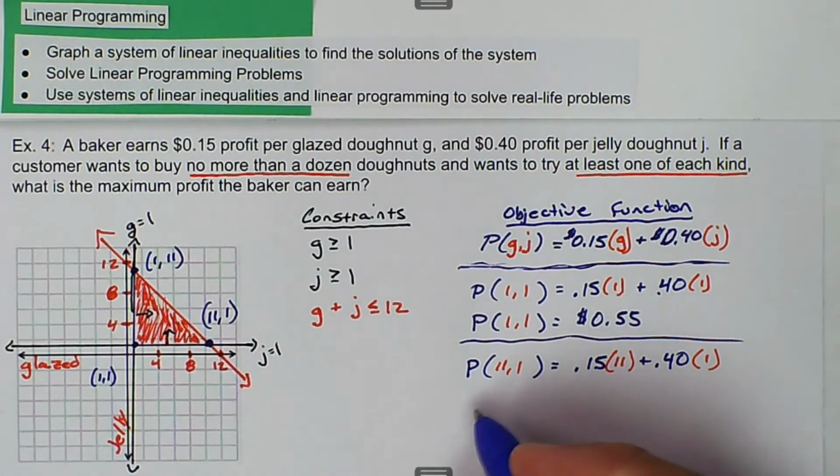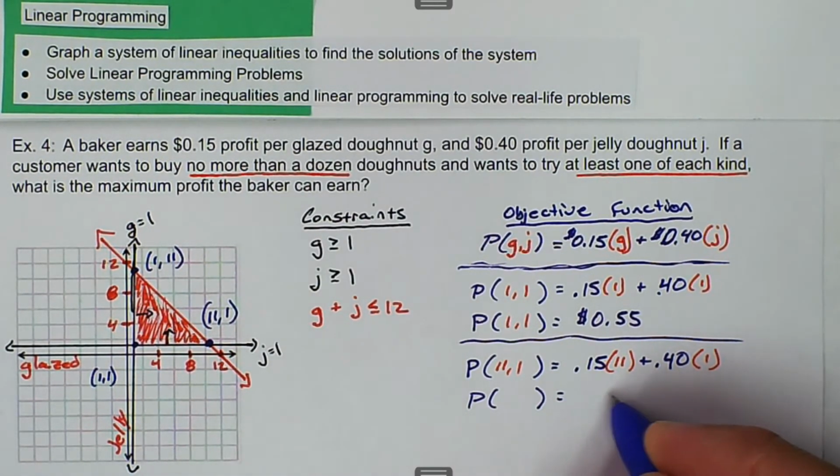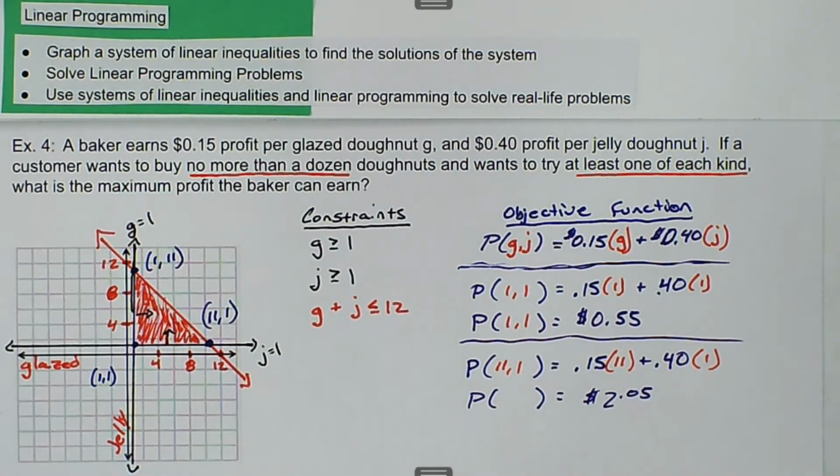And then we get the profit for 11 glazed and 1 jelly is equal to $2.05.